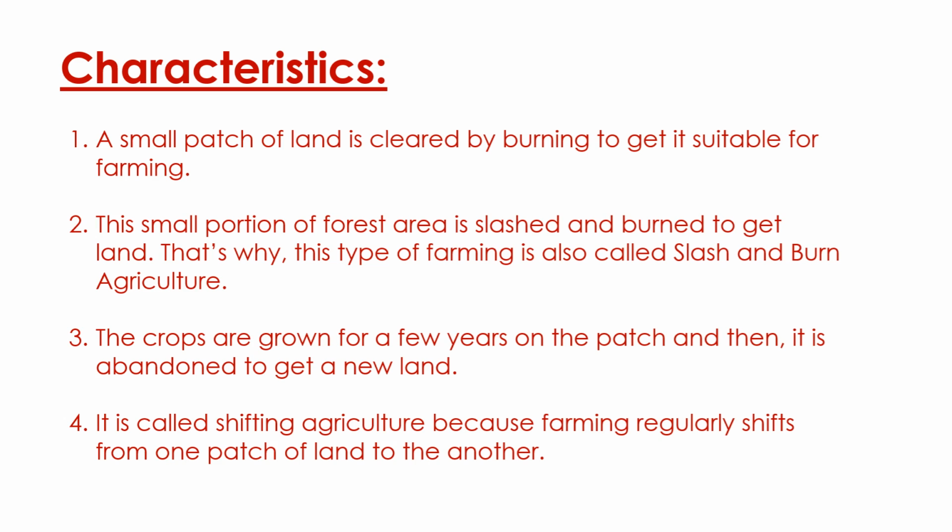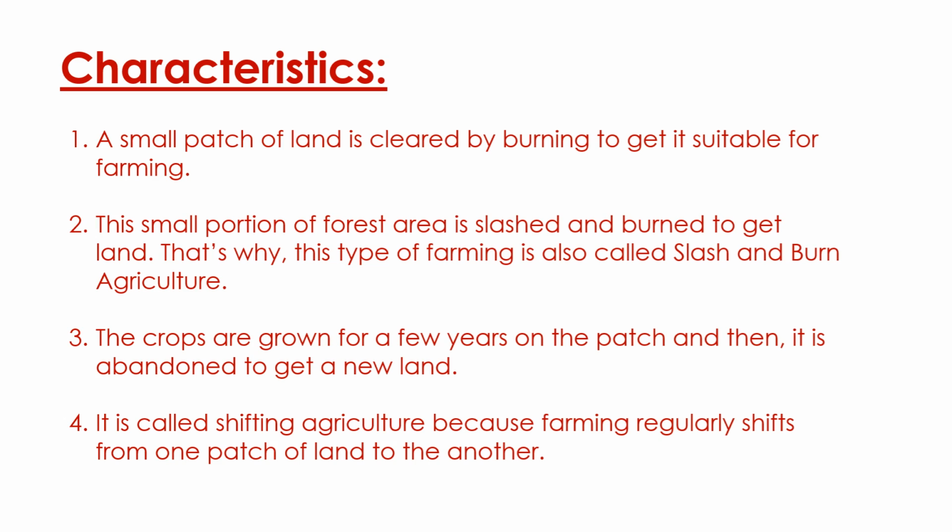Then characteristics of the first one we have discussed, shifting farming. What happens here is that a small patch of land is first of all taken and cleared. Now how is that small patch of land cleared? It is cleared by burning it to get it suitable for farming. That small portion of forest area is slashed and burned to get land which is suitable for agriculture, and that is why this type of farming is also known as slash and burn agriculture.